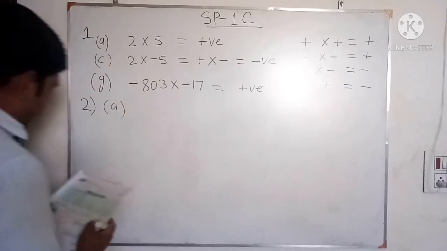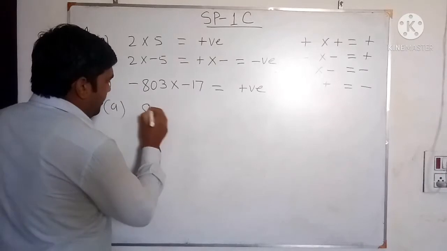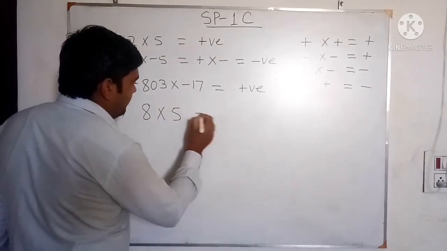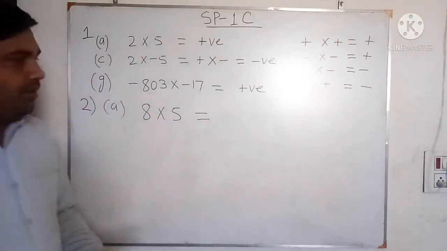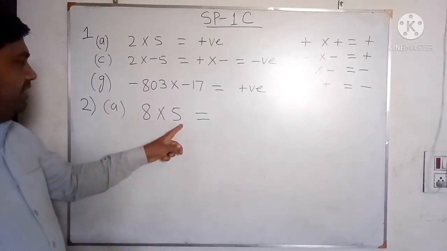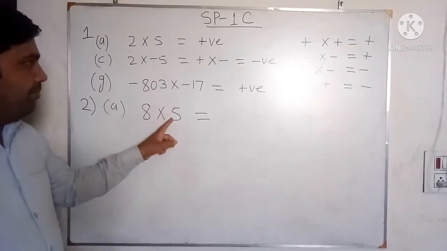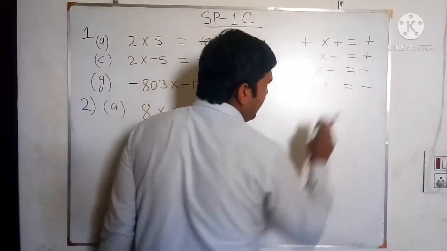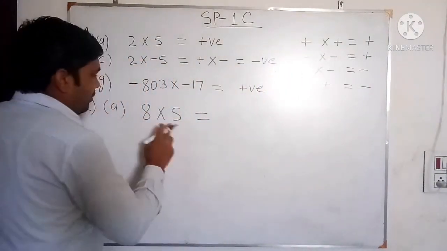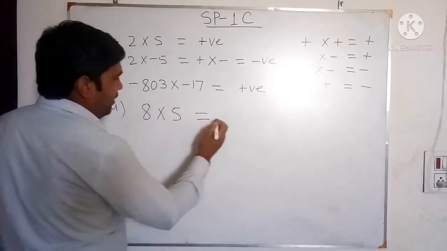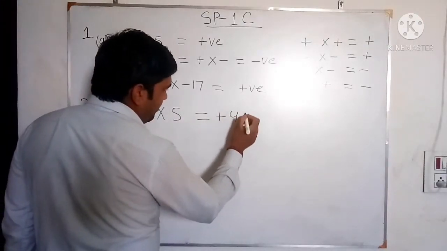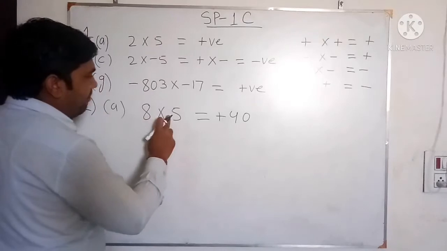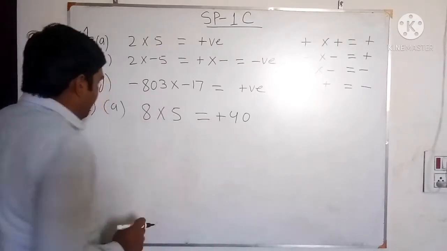The product of these two integers: plus multiply plus. When you multiply two positive integers, plus multiply plus will give you plus only, positive. So 8 5s are 40. So the result will be plus 40.